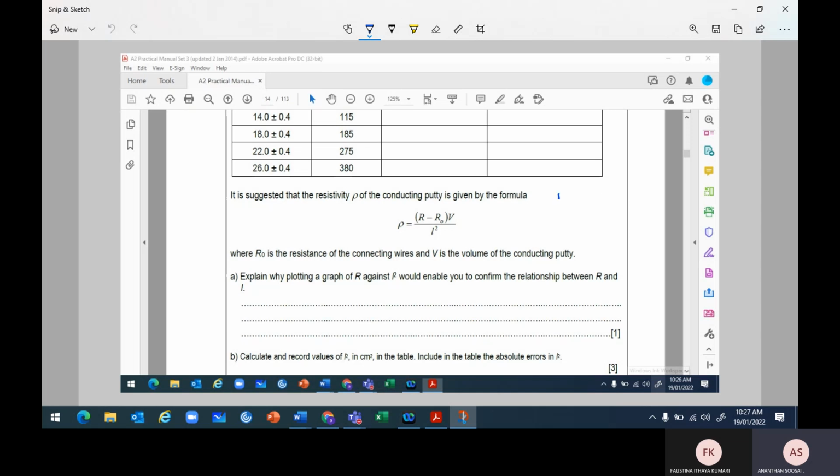Okay, class, you're going to plot R versus L squared. So tell me what's the gradient, what's the intercept? Of course, it should be a straight line.